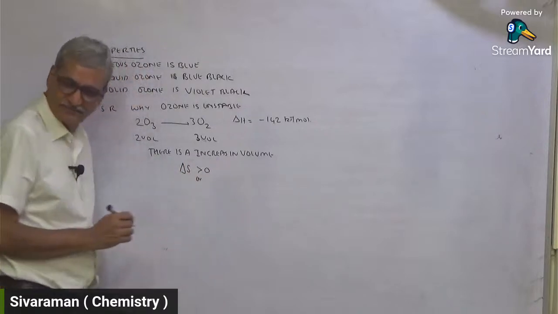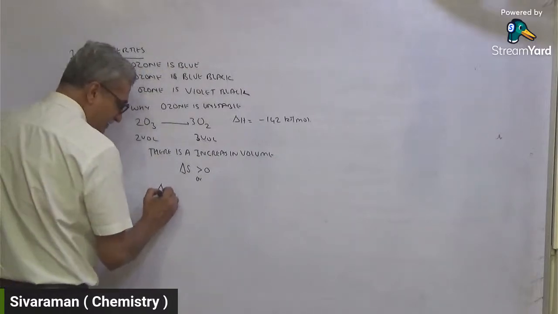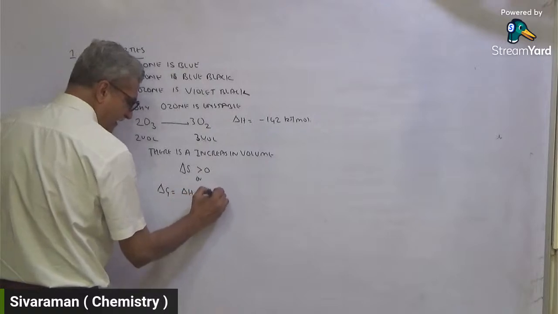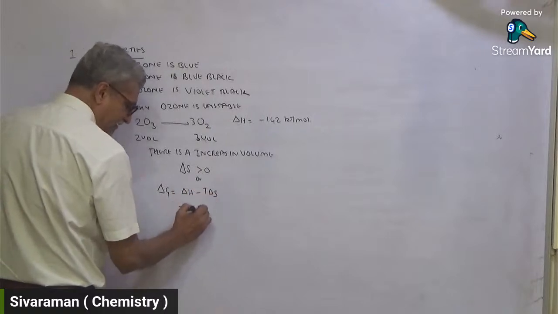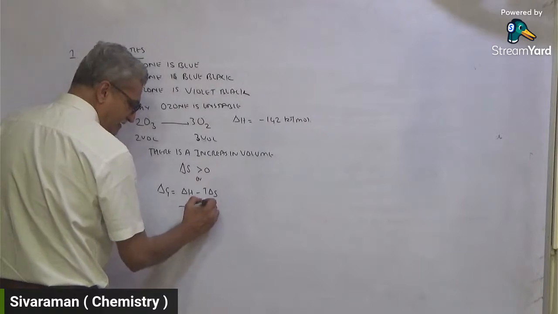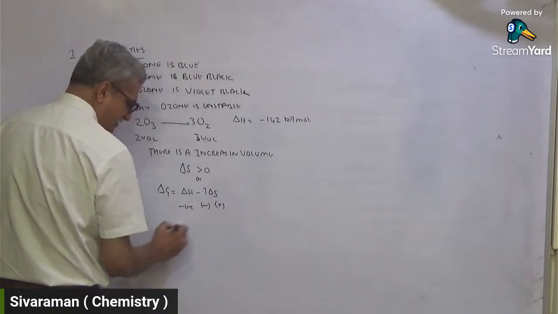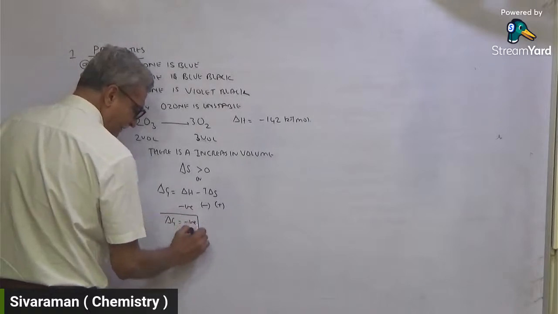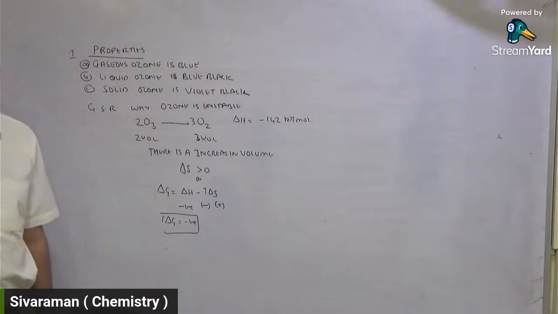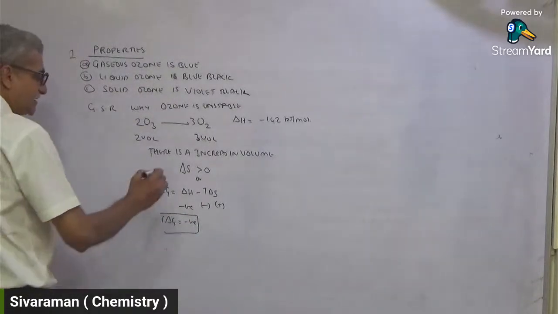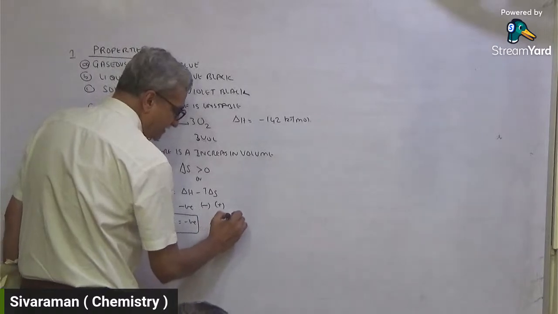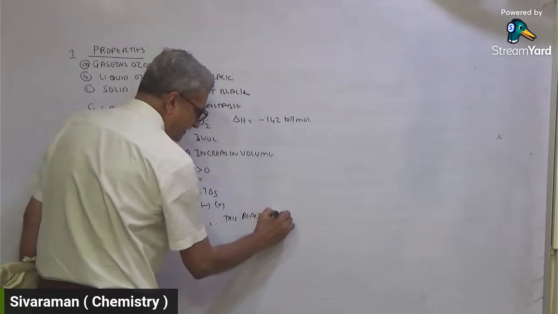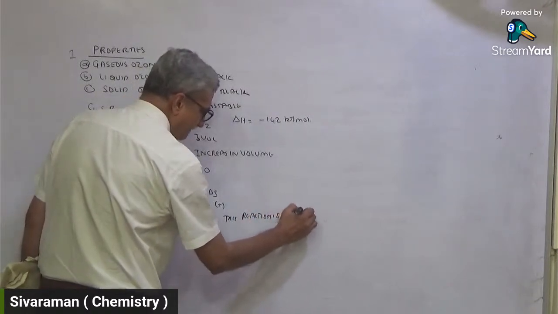So if there's an increase in volume, delta S is greater than 0, or I can say delta S is positive. So you have delta G equals delta H minus T delta S. Delta H is negative and delta S is positive, so delta G is negative. This reaction is spontaneous.